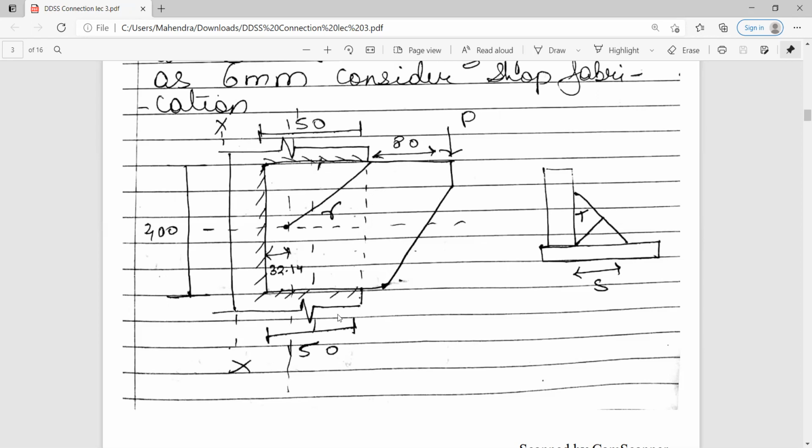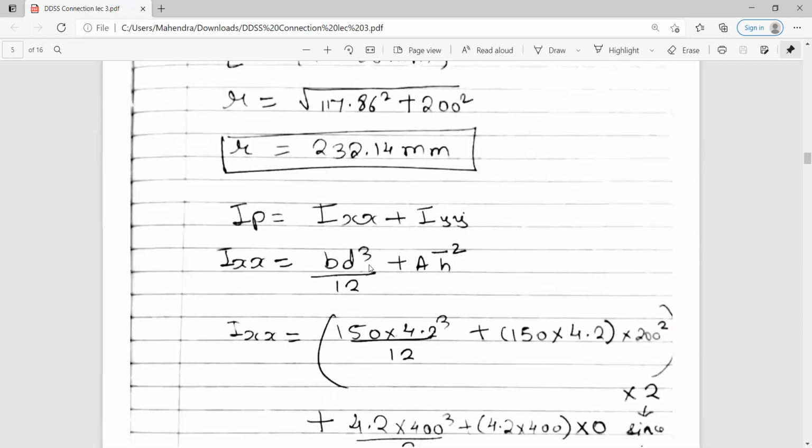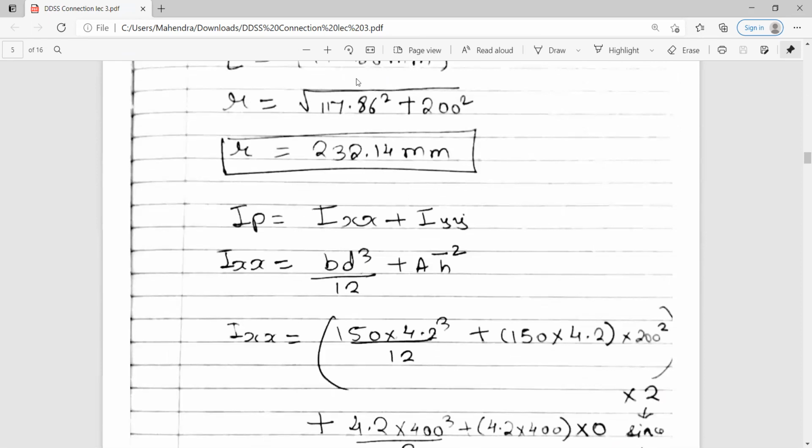So R, you are going to calculate by Pythagoras theorem, that is this distance square plus this distance square. You will get this distance, that is R. That is 117.86 square plus 200 square. तो आपको R मिलेगा 232.14. देखो इतना मिलता है क्या? Just check it.